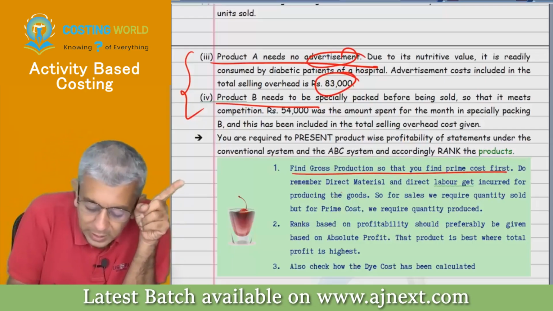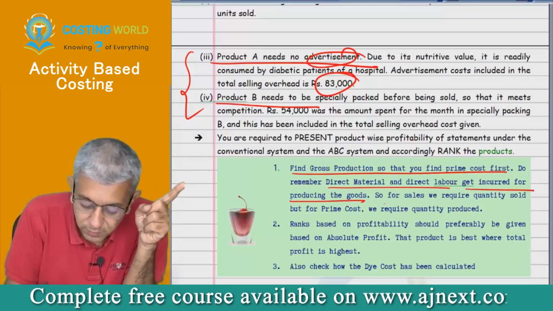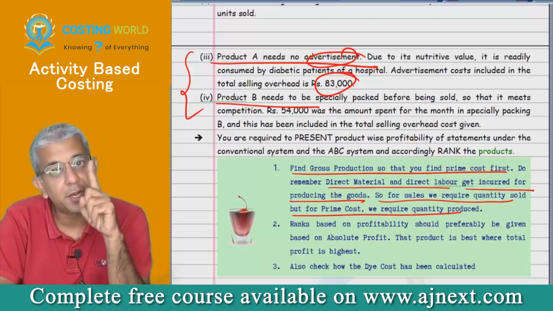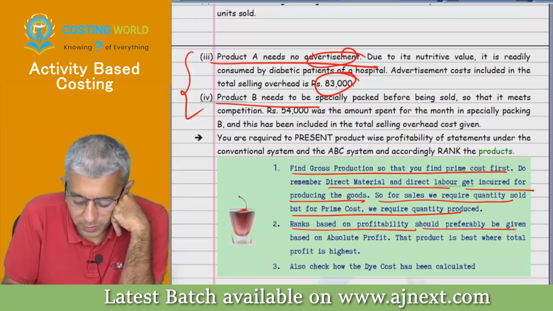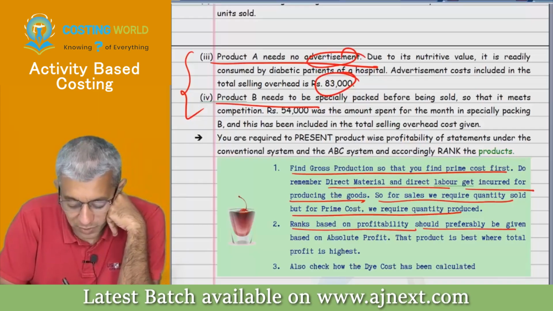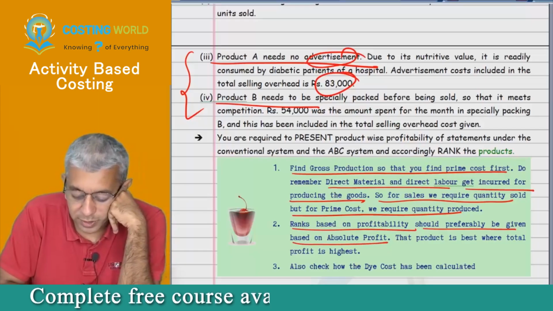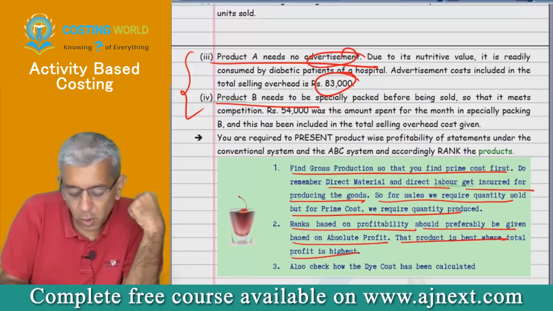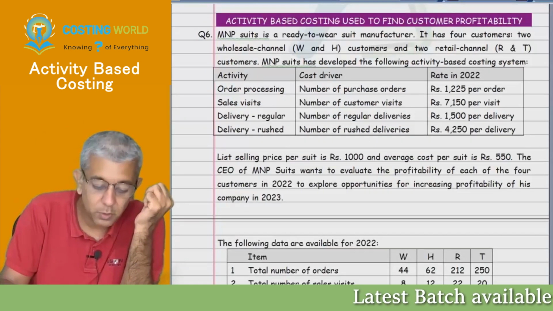Do remember, DM and DL get incurred for producing the goods. For sales, we require quantity sold, but for prime cost, we require quantity produced. Further, ranks based upon profitability should preferably be given based upon absolute profit. That product is best where profit is highest. Also check how die cost has been calculated. That was the first thing that I made you all do. Okay.